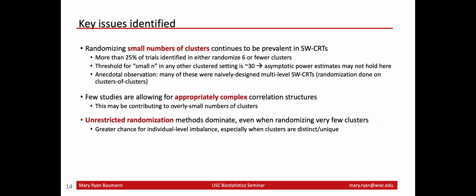And then finally, we found that unrestricted randomization methods dominate. This gives us a greater chance for individual-level imbalance, especially in cases where you have clusters that are what I call unique or distinct, clusters that are contributing the entirety of the presence of a subpopulation in a trial.